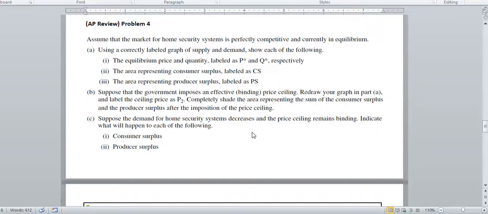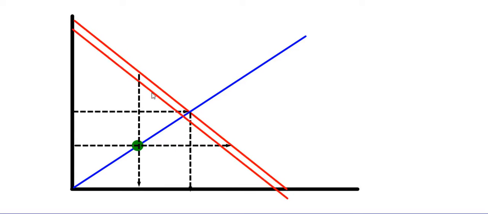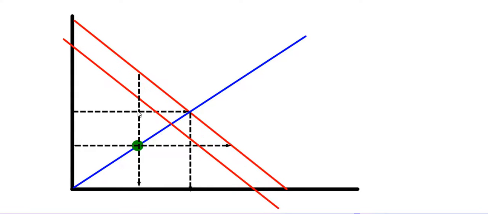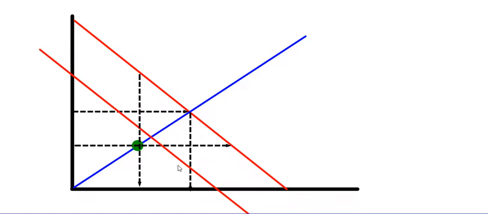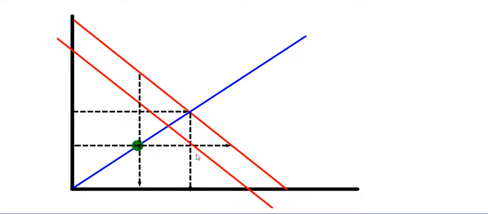Now, the key right here is that the price ceiling remains binding. So what that means is that we look at how we're going to shift our demand in order for the price ceiling to remain binding. Demand can't shift past this point, because we know we're going to shift to the left because demand is decreasing.